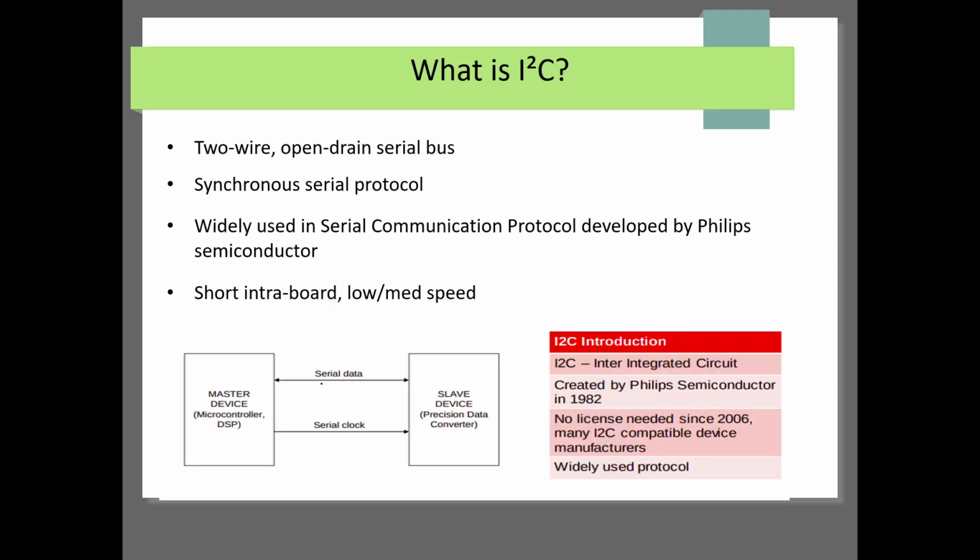In this, what is the I2C protocol, and why do we need it? I2C means inter-integrated circuit. It is used to communicate between low-speed peripheral ICs and microprocessors and microcontrollers. We use the I2C protocol for intra-board, short-distance communication, at low or medium speed.